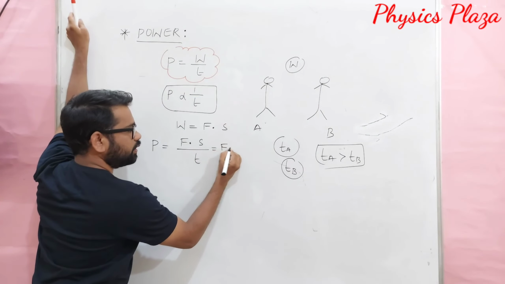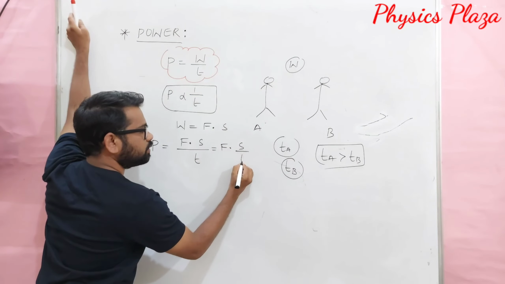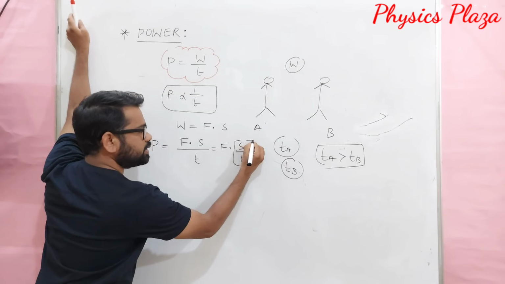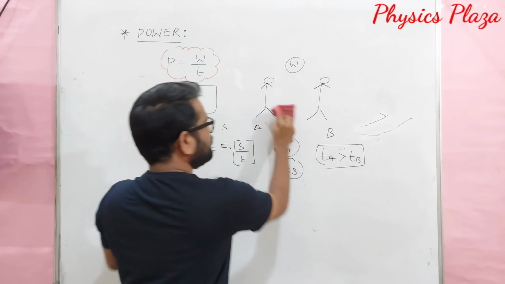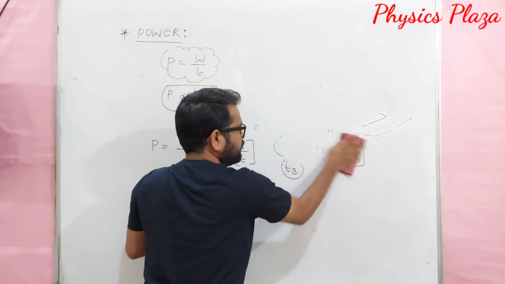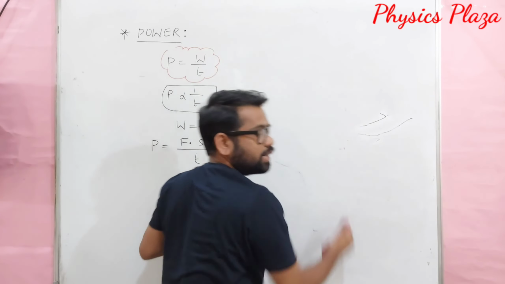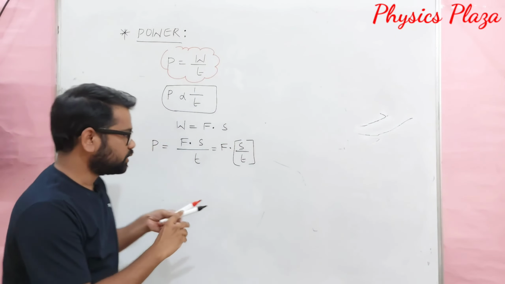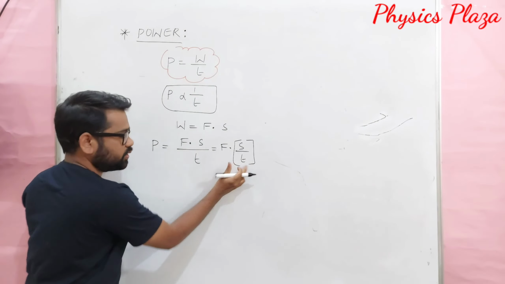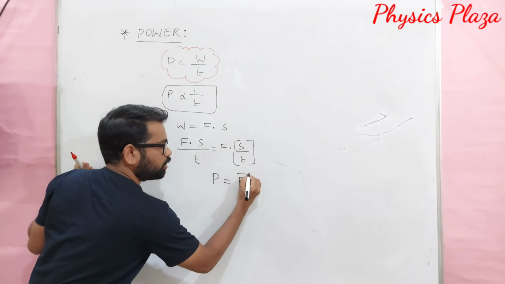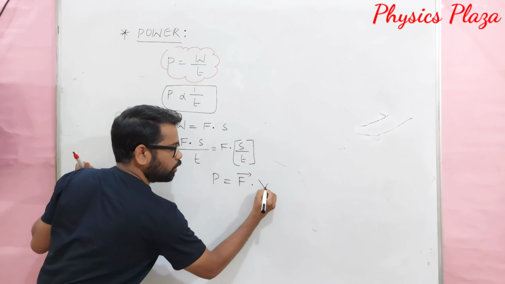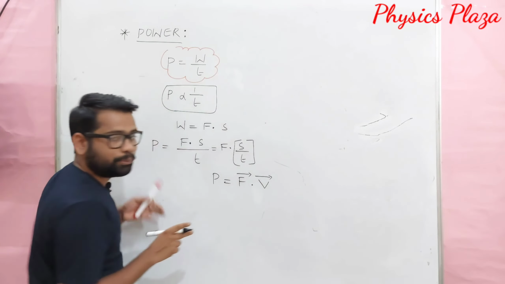Of course we can, but what is this which is written in the bracket? Displacement by time. Children, what is displacement by time? Come on, tell me. Displacement by time is called what, children? Velocity. So power can also be written as the dot product of force and velocity. It's very, very, very important.